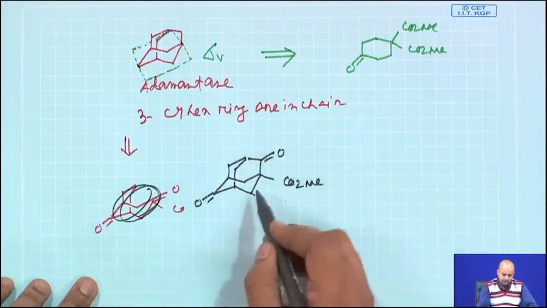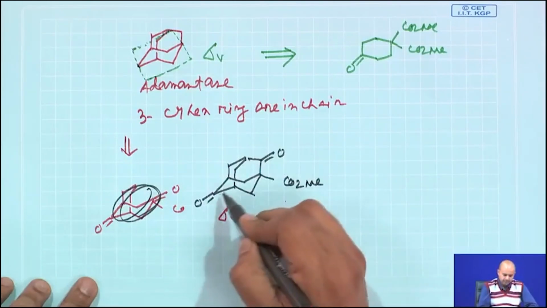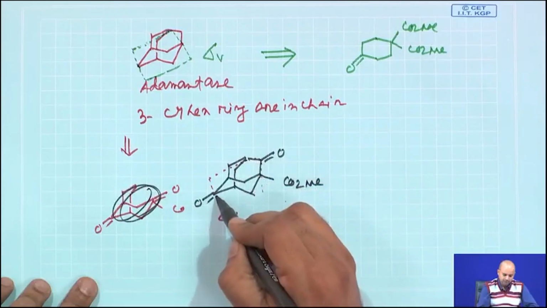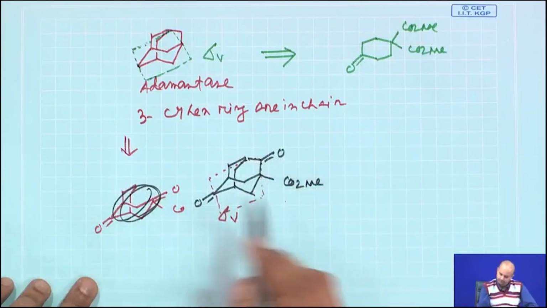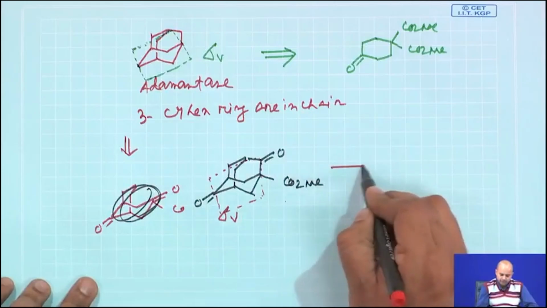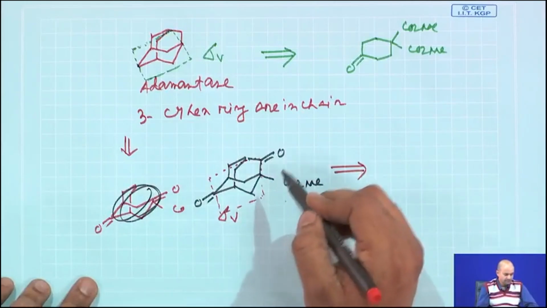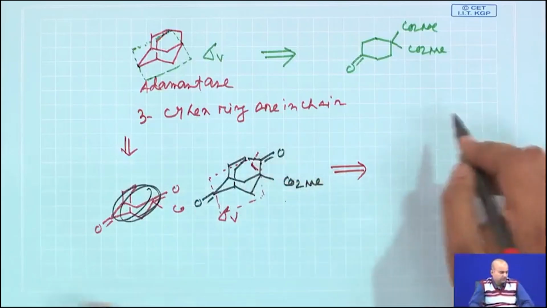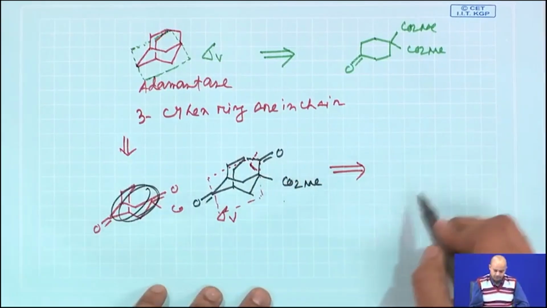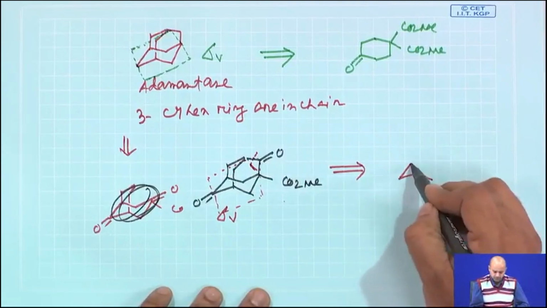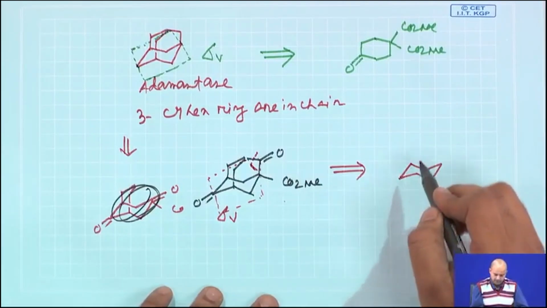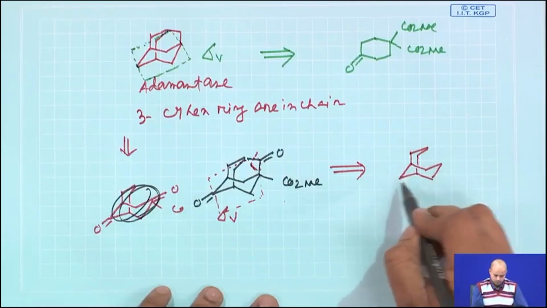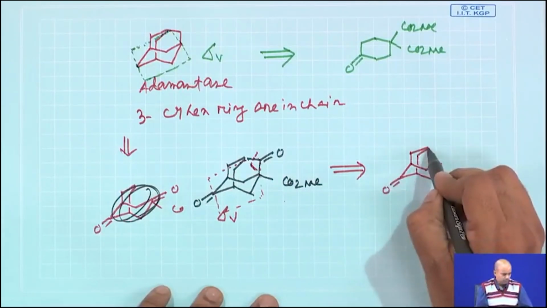So, this is again a sigma v, because the plane goes through this. So, this sigma v visualization is very important for the intermediate. Next, I am saying that we will try to have a Dieckmann kind of transformation, which will give you this intermediate, whose structure is now like this.